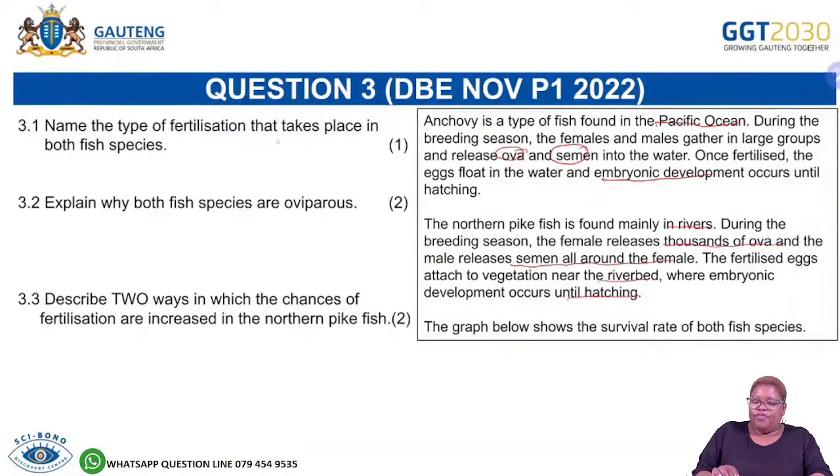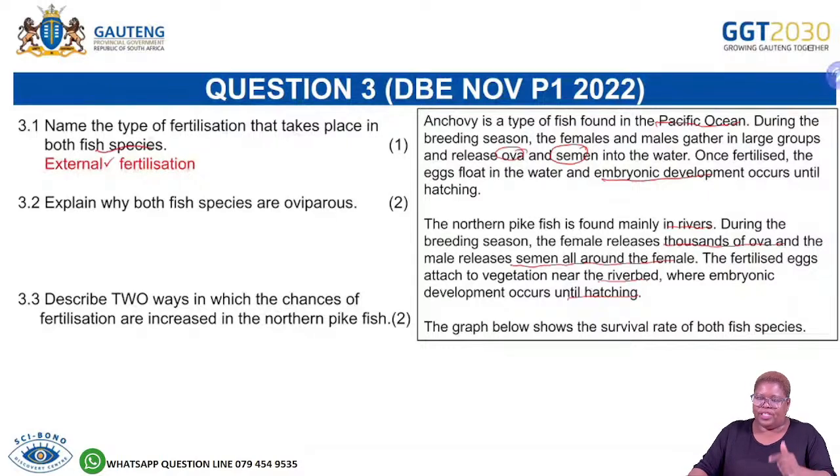Name the type of fertilization that takes place in both fish. It is external because from the information given, it is taking place where? In the water. We are also given the type of fish there. So laying of eggs and depositing of sperm cells takes place where?